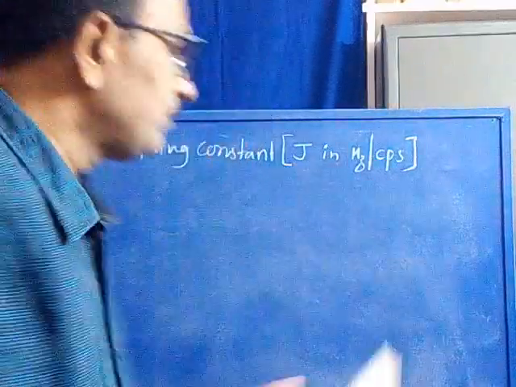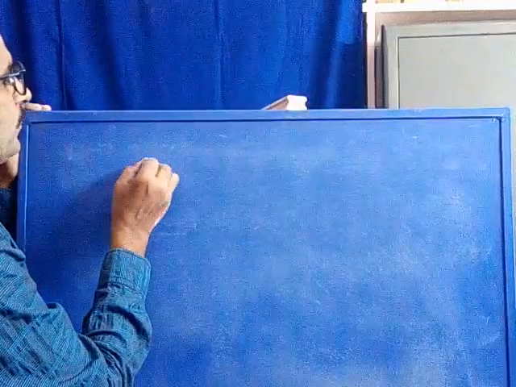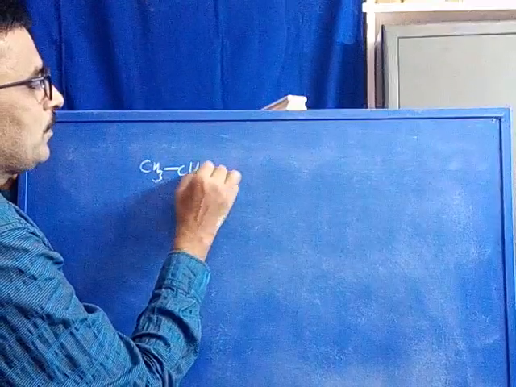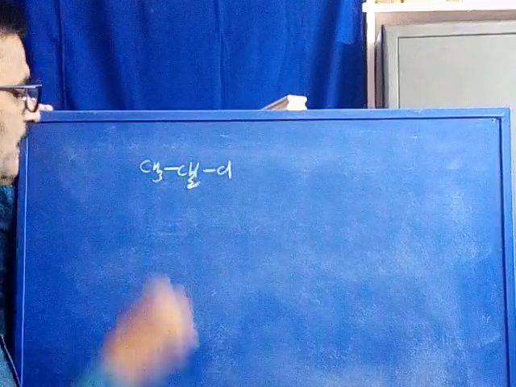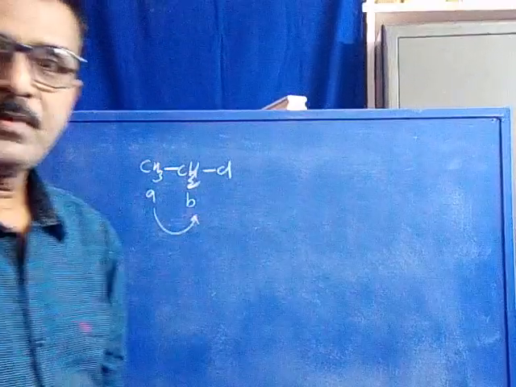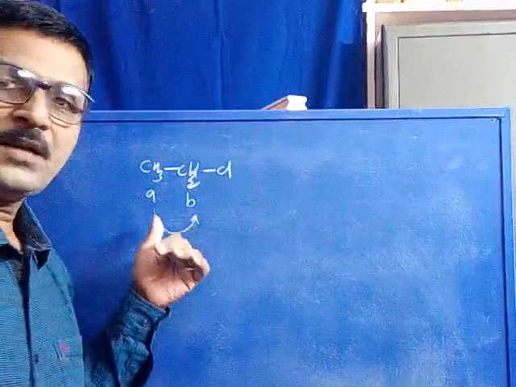Say for example, we have a system of CH3, CH2, Cl. The A proton and B proton, these two are coupled. The A and B sets of protons are coupled.